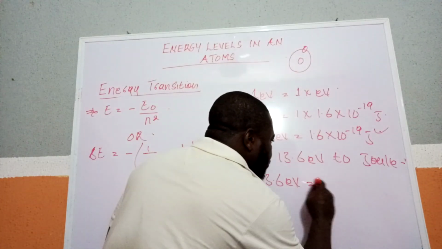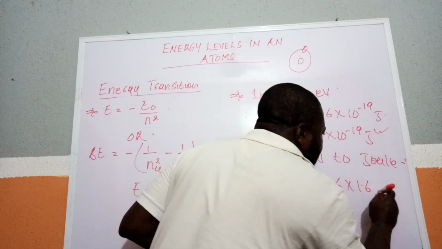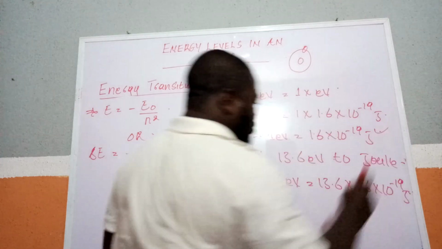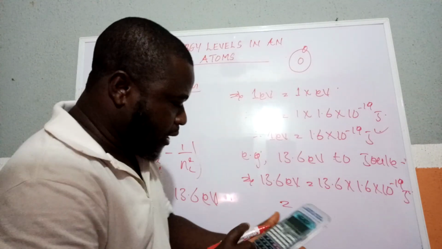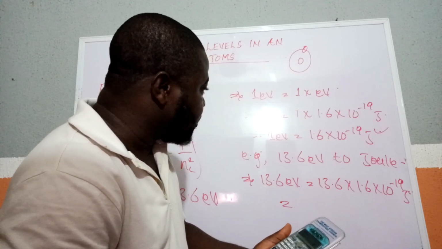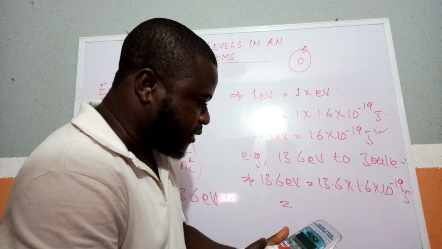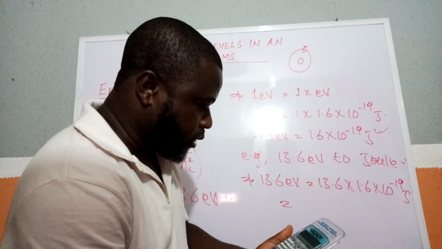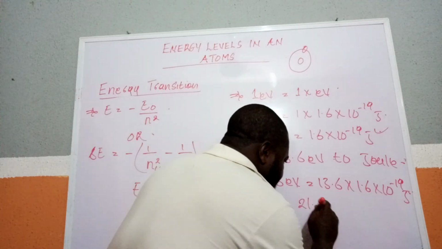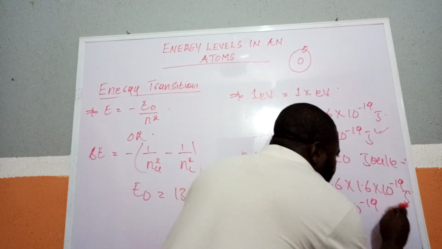That means this should now be equal to 13.6 multiplied by 1.6 times 10 raised to the power minus 19, which is already in joule. So 13.6 times 1.6 would be 21.76 multiplied by 10 raised to the power minus 19 joule.